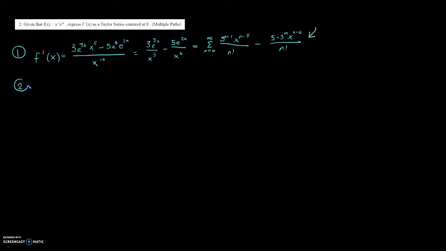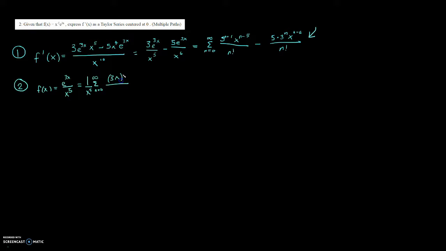So let's start out our path 2. So this path will find the power series of f of x first and then differentiate it. So f of x is equal to e to the power of 3x over x to the power of 5. To find the power series for this, you'll have to know how to rewrite e to the power of u as a power series. So let's leave the 1 over x to the power of 5 as is right now, and find the Maclaurin series for e to the power of 3x.